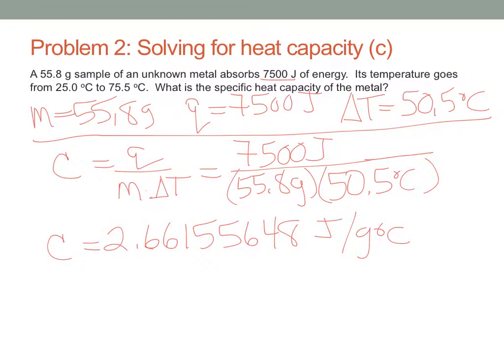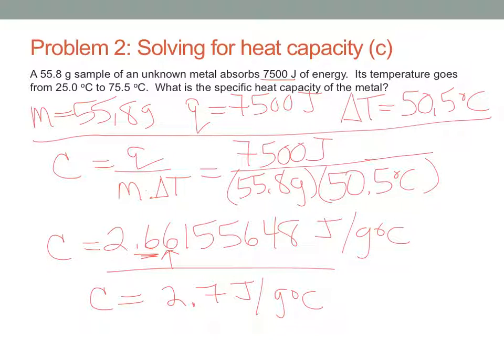So 2 significant digits would end right there. The number immediately following is a 6, which means we're going to have to round up. So to 2 significant digits, our heat capacity C is 2.7 joules per gram degree C, and we'll put a cute little box around it.